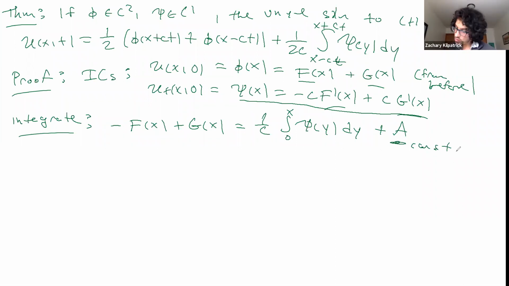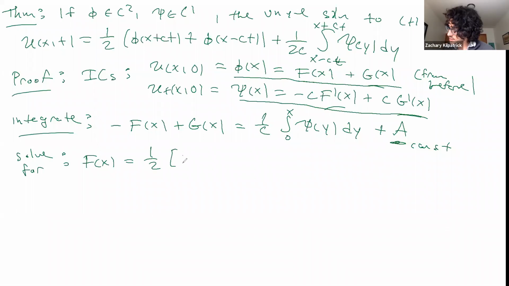So now we're going to put this together with this equation here, and we'll solve for f of x and g of x. I can solve for f of x by subtracting this formula from this formula and dividing by 2. Doing that, I end up with f of x equal to 1 over 2 phi of x minus 1 over c integral from 0 to x psi of y dy minus a.